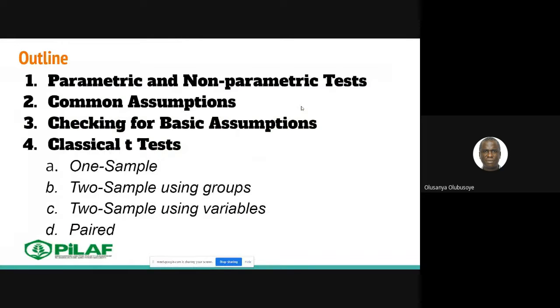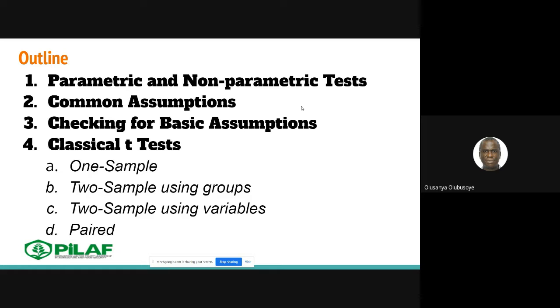So generally, in statistical analysis or inference, all the tests are categorized into parametric and non-parametric tests. In this, the first thing we would do would be to understand what a parametric test is and what a non-parametric test is.